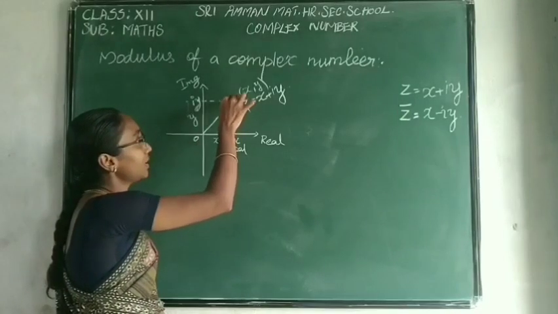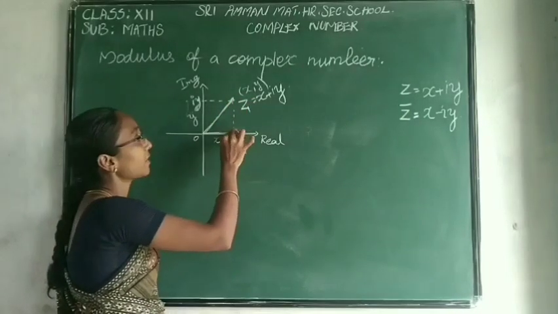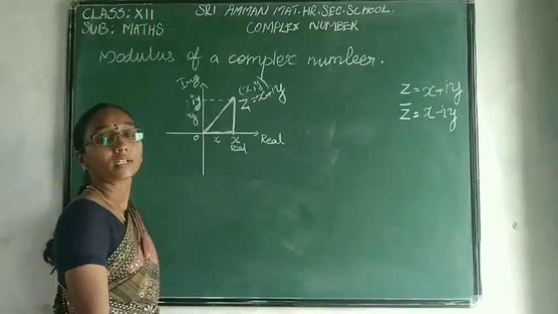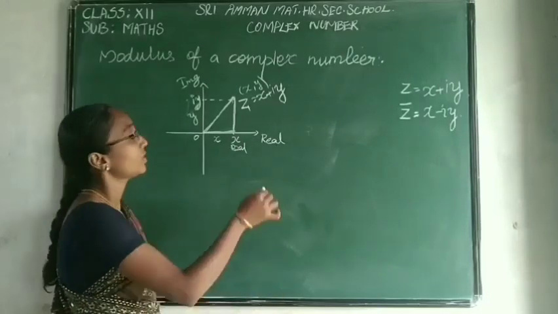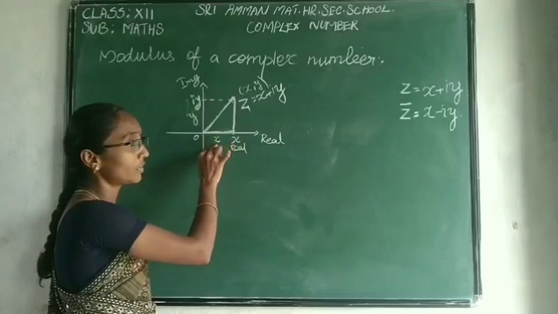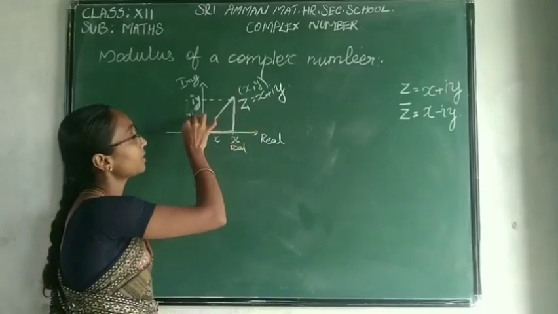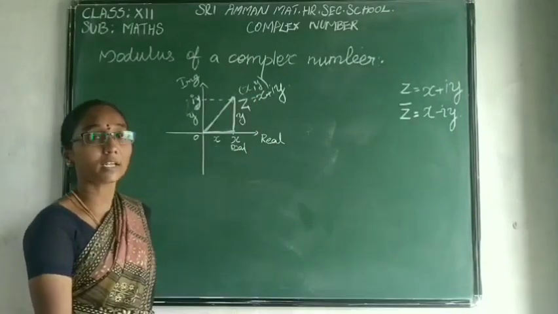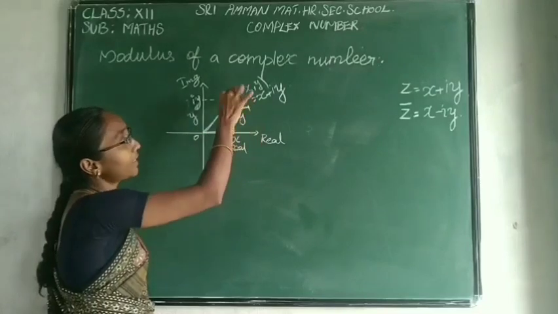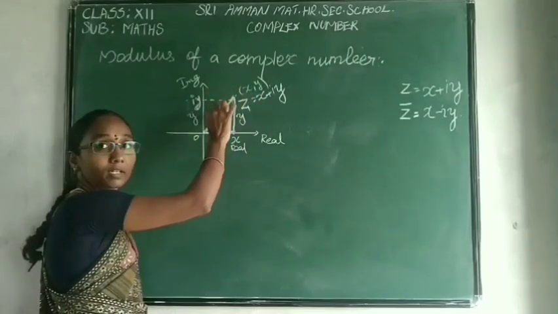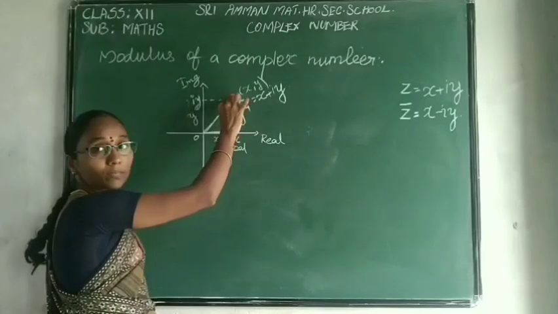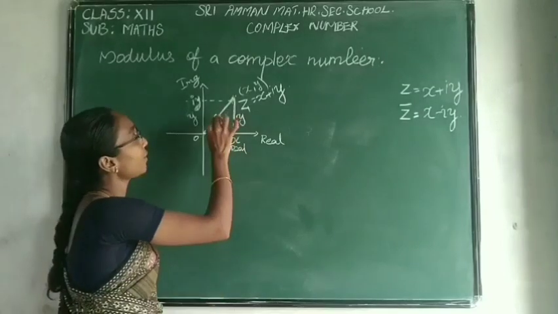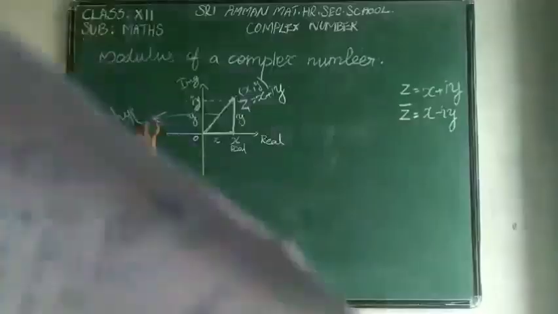Z, O, and this x value form a right angle triangle. In this right angle triangle, one side is x and the other side has the value y. What is the value of OZ? How do you represent this? OZ is the hypotenuse of the right angle triangle.